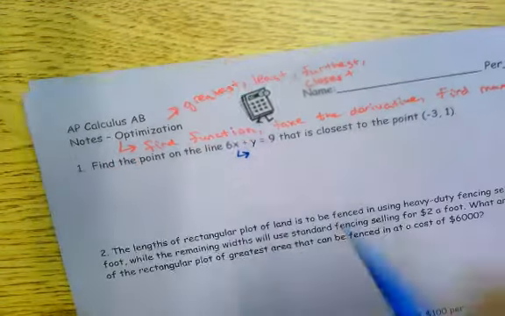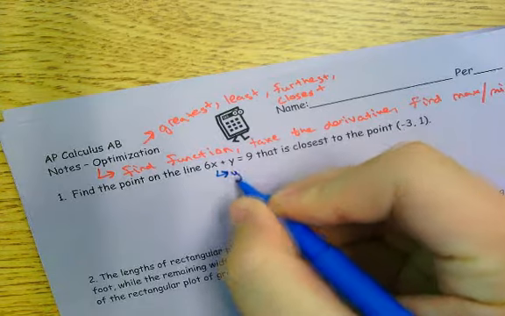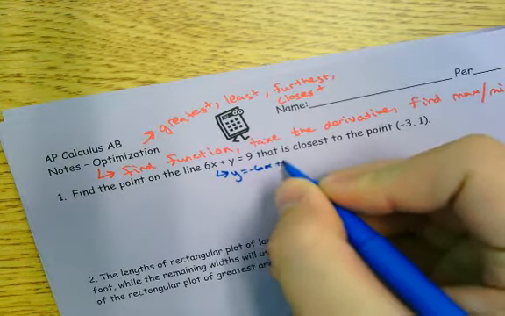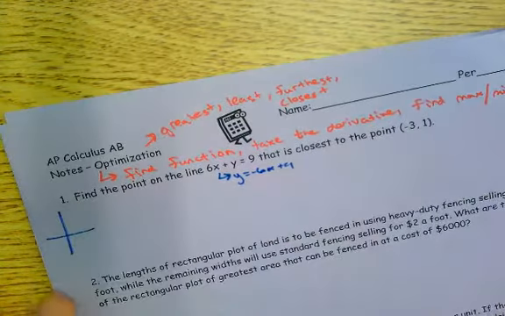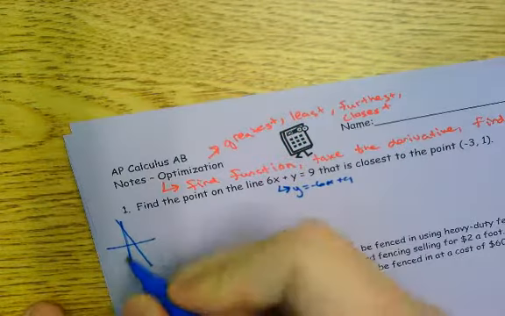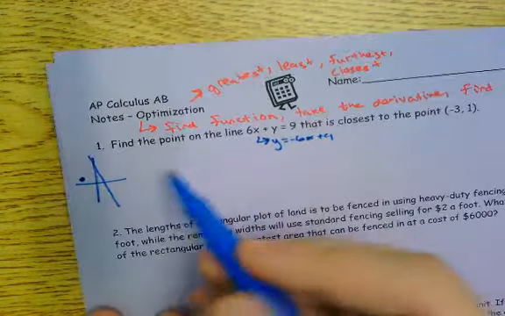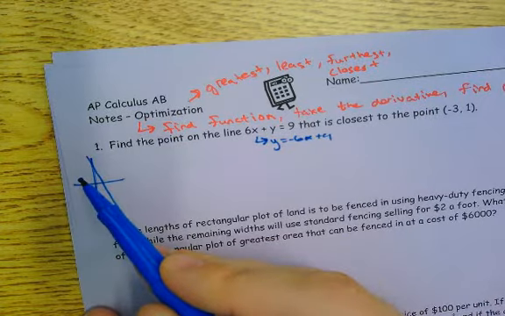So, what's this equation really equal to? We usually don't do 6x + y = 9. We usually set it equal to y. So, what is the y equals equation? So, it's like this graph right here. It's got a negative slope and it's up pretty high, like that. And we're looking for the point on the line that is closest to here.